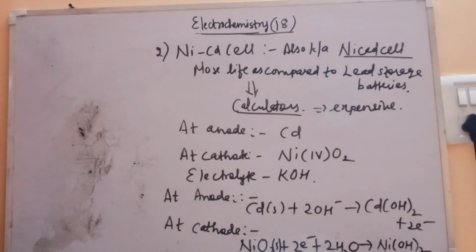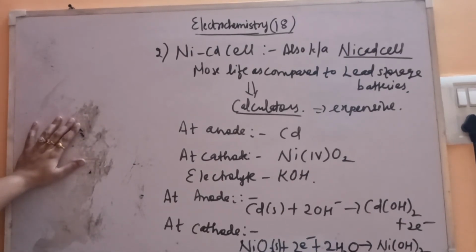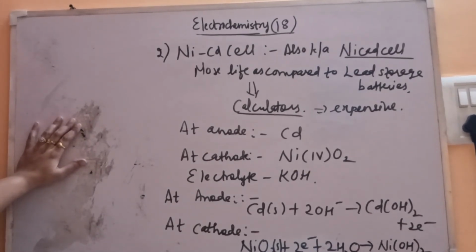So these are the reactions which are taking place. It is a very simple cell used in calculators, and expensive also due to the nickel and cadmium metals.